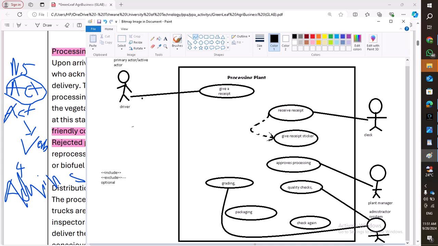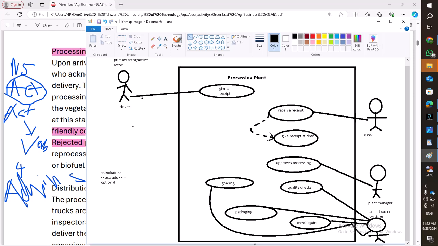And also, alright, and also another thing, right, the other thing, then they will pack, and then they will pack, the system will pack, and after that it will check again.